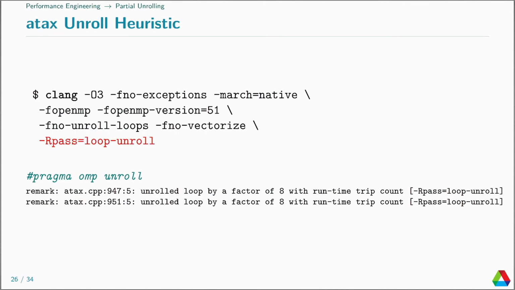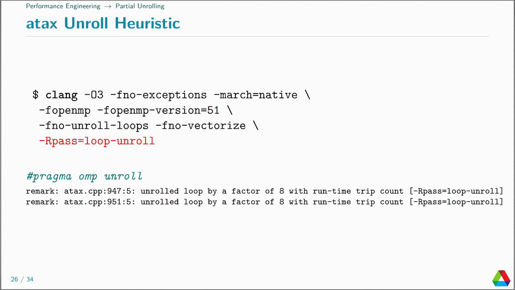We are compiling it basically with the same parameters, and again, we're using -Rpass to confirm that the compiler is actually doing the unrolling. This is with heuristic unrolling, that is, we don't specify the partial clause at all, so as to leave it up to the compiler how much to unroll.